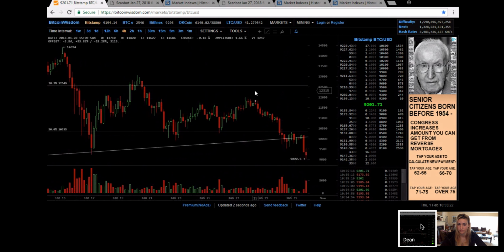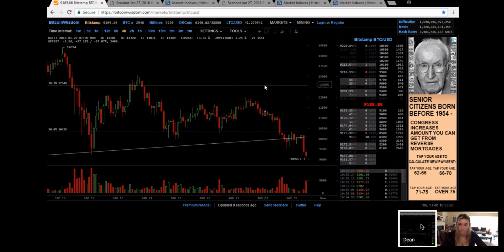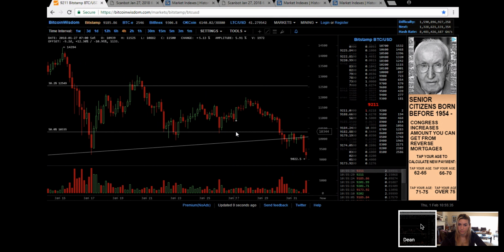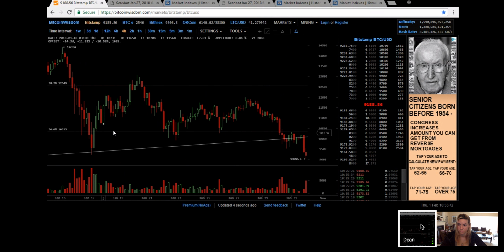All you see on this one are these two Fibonacci lines. This is the 38.2 we just looked at, and this one is the 50%, which we have just sharply broken below.